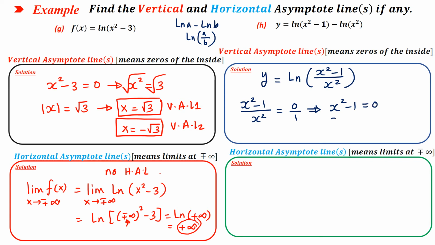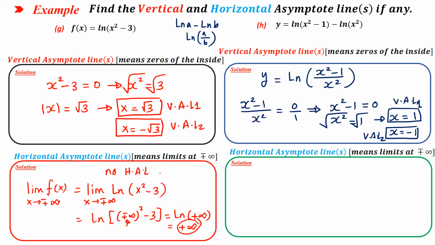Add 1 to both sides, you'll get x squared equals 1. Take the square root for both sides, you will get x equals 1 and x equals negative 1. So this is the first vertical asymptote line, and this is the second vertical asymptote line.